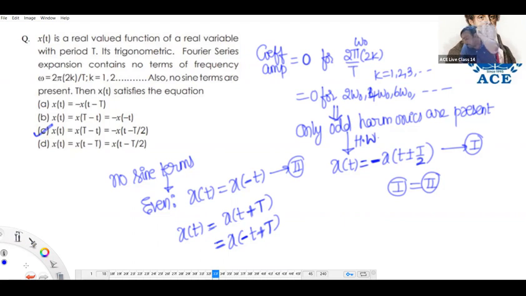In the question statement itself hints are given: amplitude 0 for even harmonics means odd harmonics possible. No sine terms means cosine terms. So that fellow is indirectly saying even plus half wave.